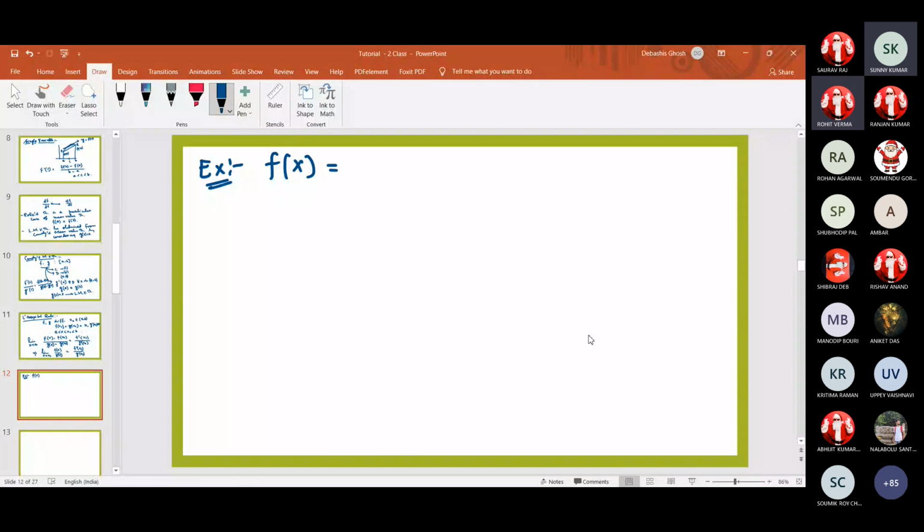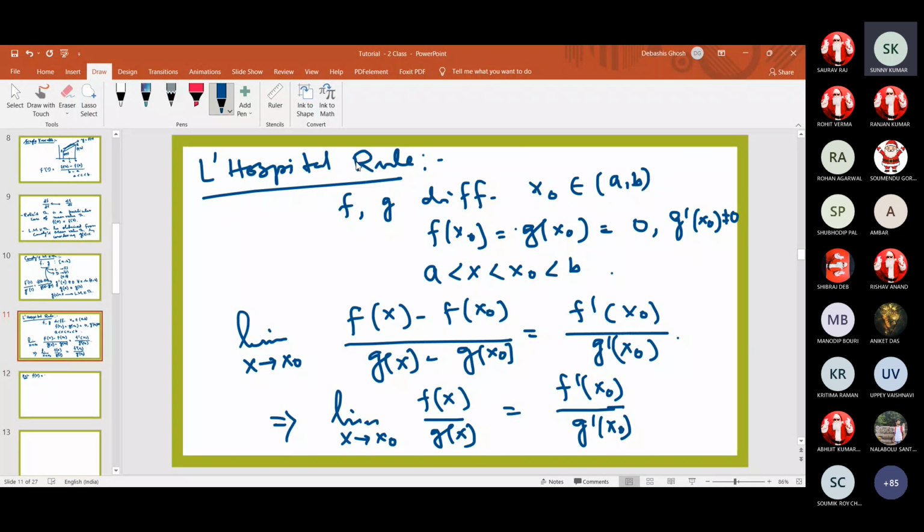So in the previous slide, sir. Yes. So the last step, limit x tending to x0. It should be f dash x and g dash x, no? F dash x0 by g dash x0. No sir, in the limit f x by g x, you just apply Cauchy's mean value theorem.